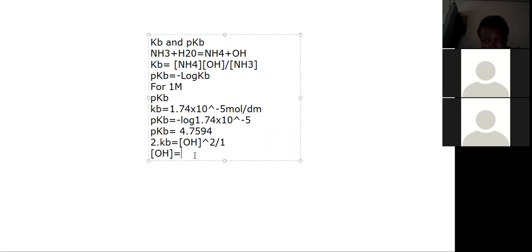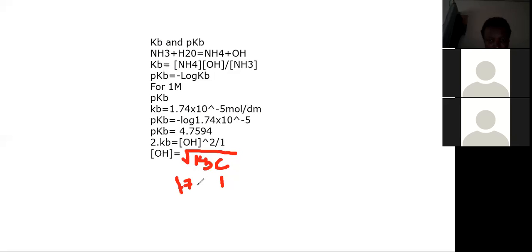You get it? So the answer should be equal to the root of KbC. Well, we know that our C is 1, our Kb is 1.74 times 10 to the power minus 5, times 1, all root. So what are you getting OH to be?